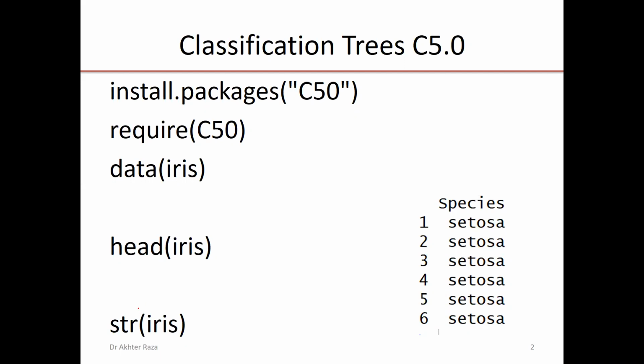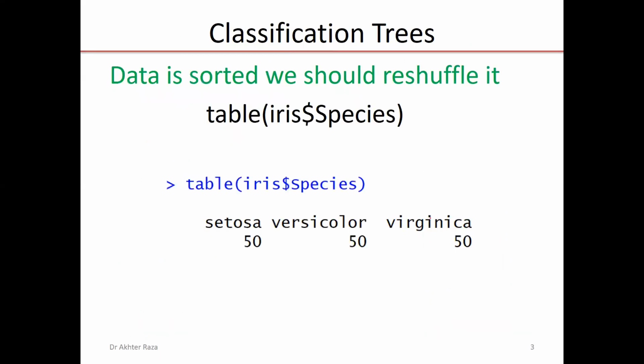str(iris) will show you the structure of the iris data set. It contains 150 rows and 5 columns. You can see the table command on iris species, which is a factor variable; the frequency distribution will be shown.